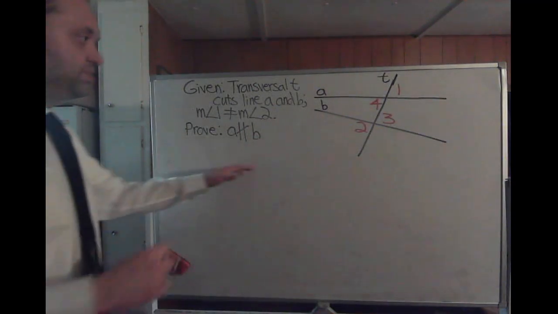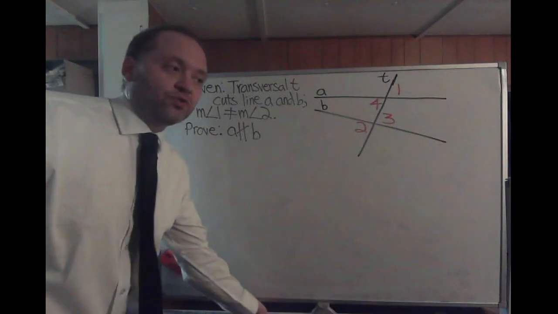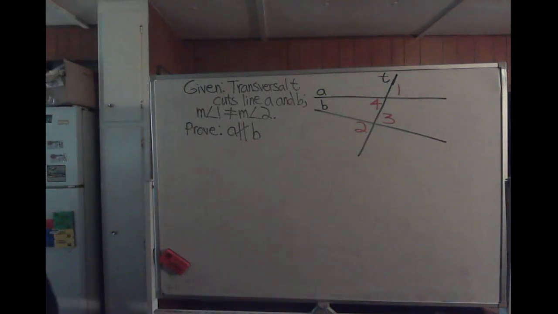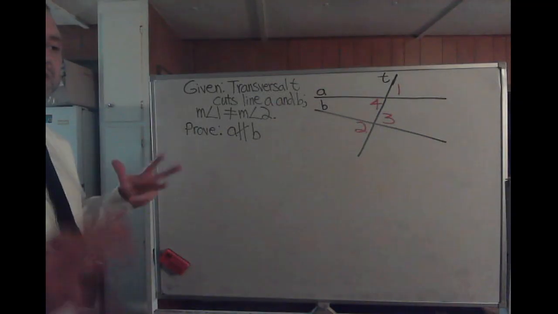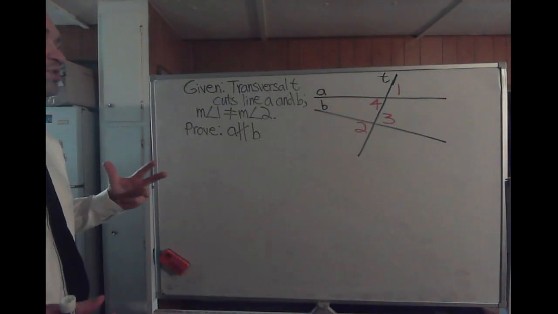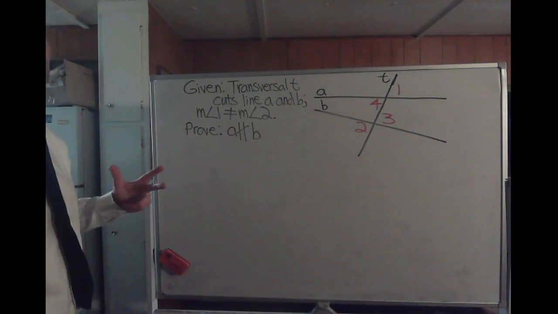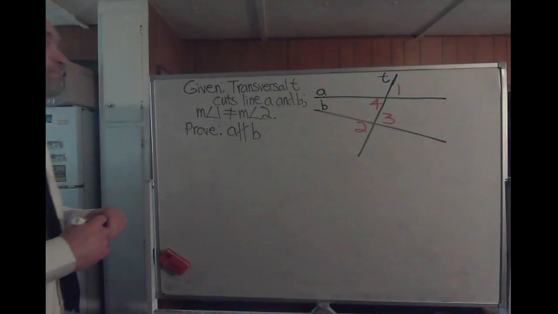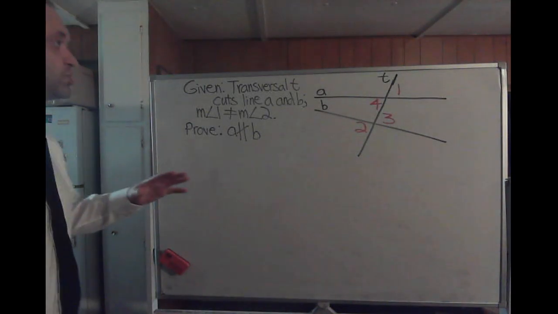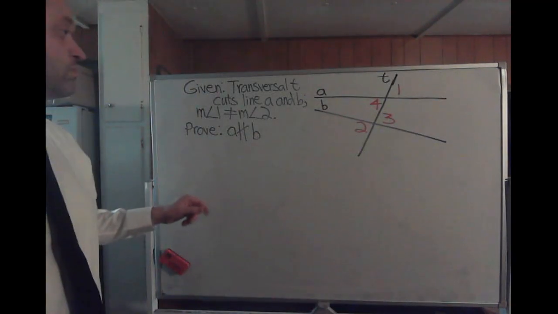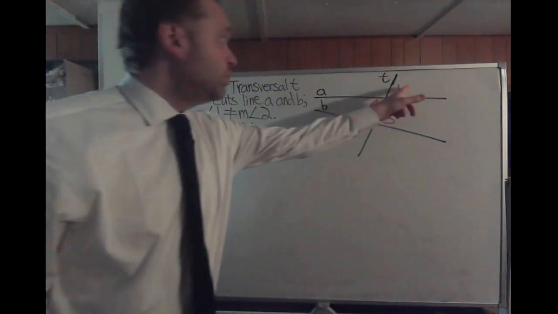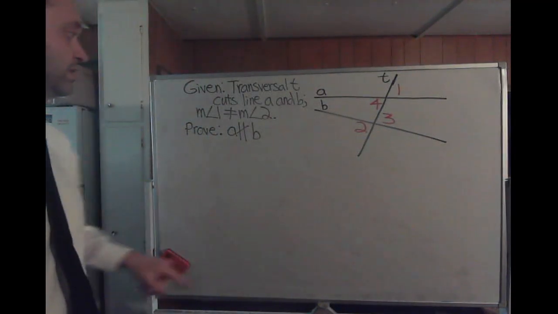So you see how obscure this really is, why a direct two-column proof would not work in this particular case. It's easy to prove something's parallel, but when you try to prove something's not parallel, that's a little bit harder. So we're given transversal T cuts lines A and B. We're also given that the measure of angle 1 is not equal to the measure of angle 2.